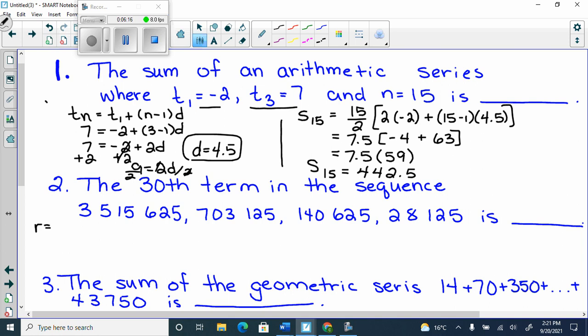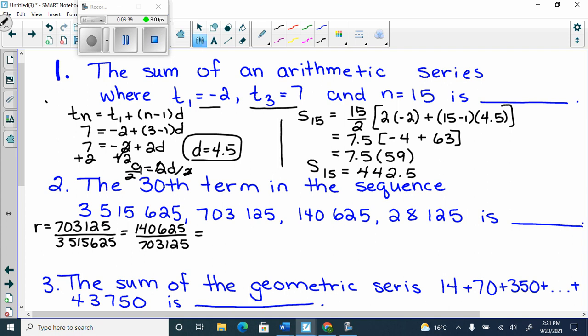So I'm going to go term 2, 703,125, divided by 3,515,625. And I hope it's the same as 140,625 divided by 703,125. I hope. If not, I messed up.